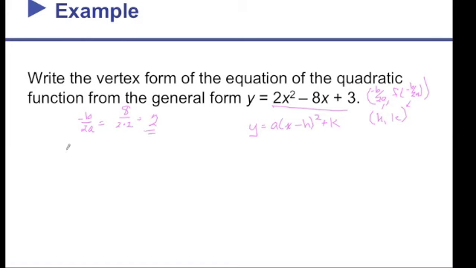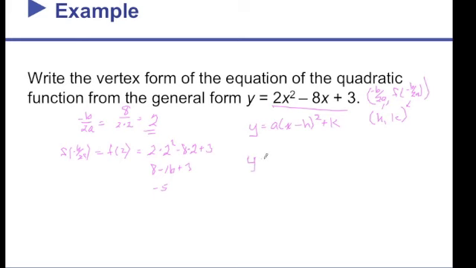And then finding f of negative b over 2a, or f of 2, I'll have 2 times 2 squared minus 8 times 2 plus 3. 2 squared is 4 times 2 is 8, minus 16 plus 3 is negative 8 plus 3, negative 5.